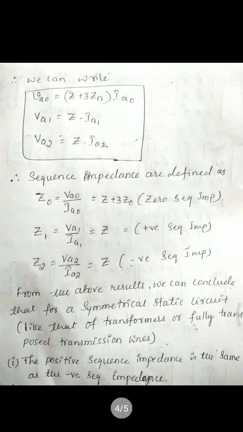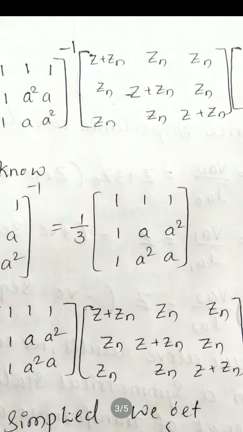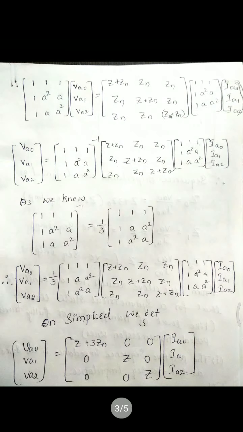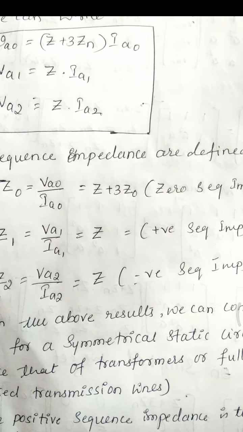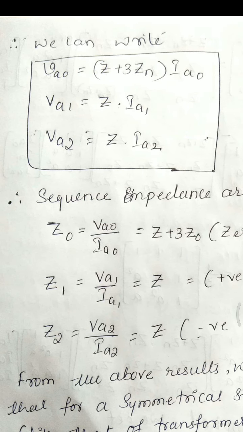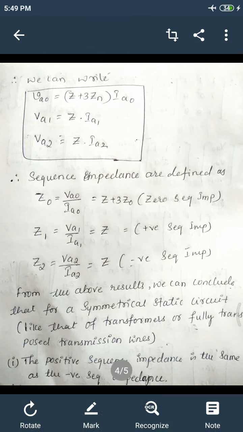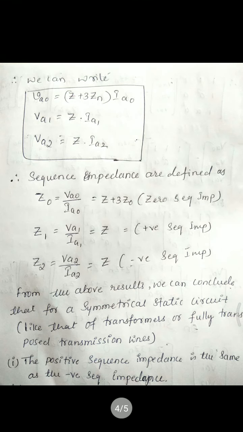If you simplify, from this last equation we can write that VA0 equals Z plus 3Zn into IA0, VA1 equals Z into IA1, and VA2 equals Z into IA2. Therefore, sequence impedances are defined as follows: Z0 is defined as VA0 divided by IA0, voltage divided by current of that sequence itself.